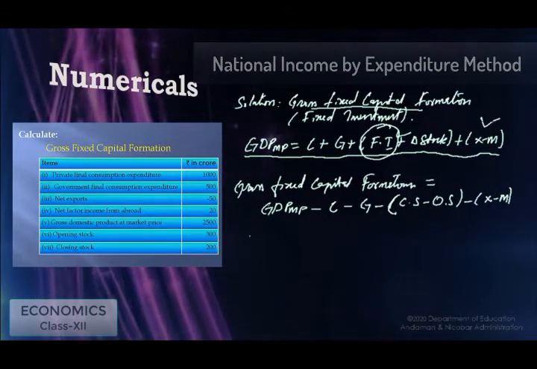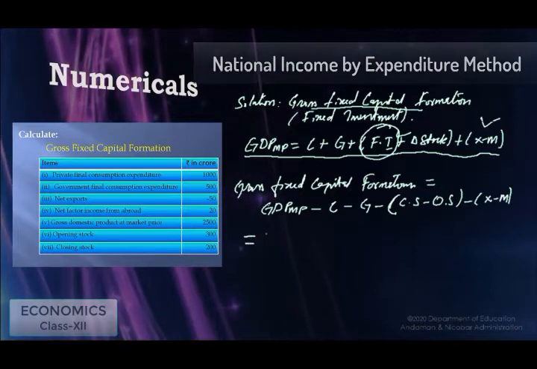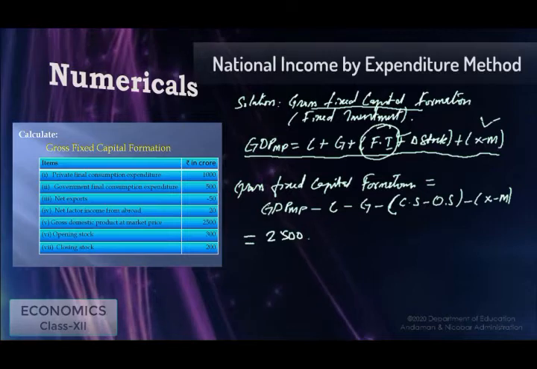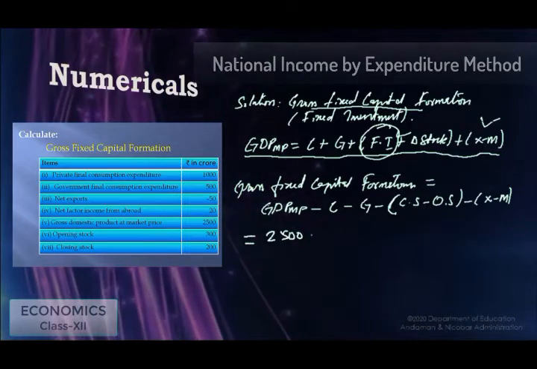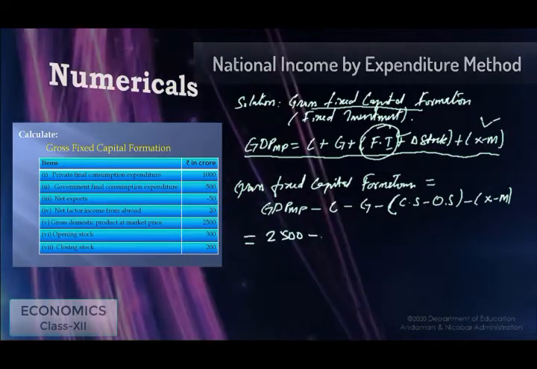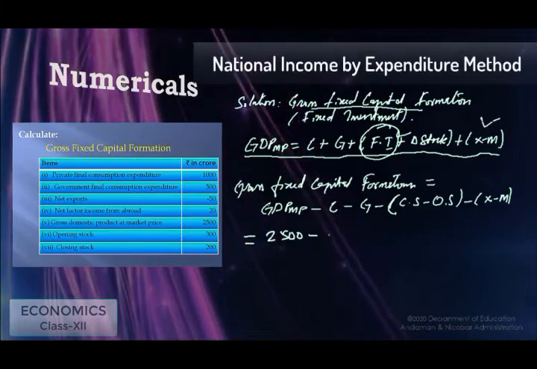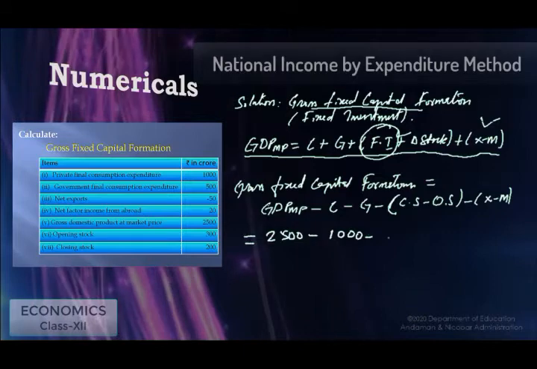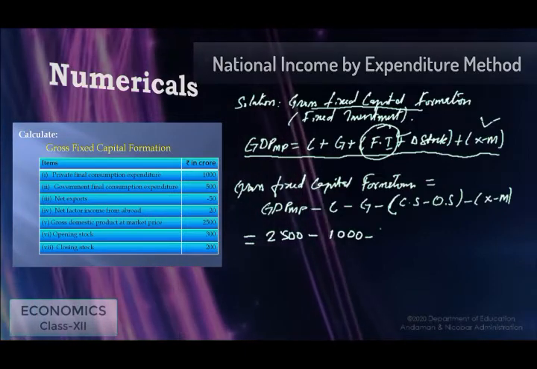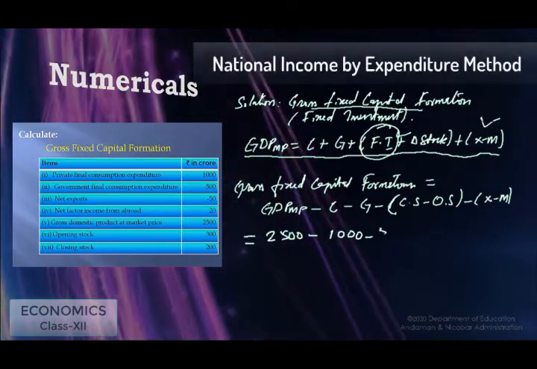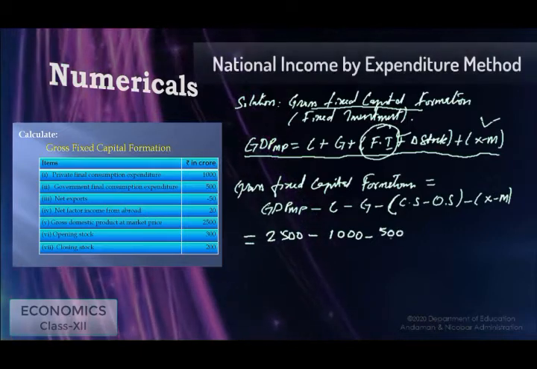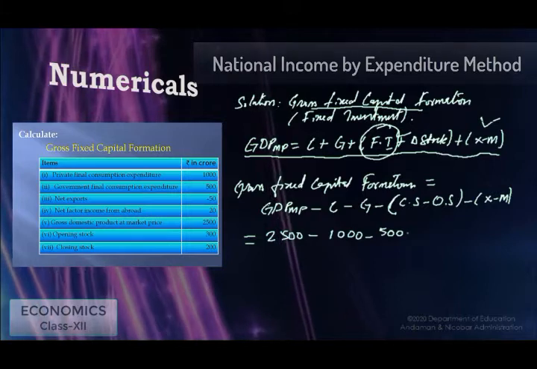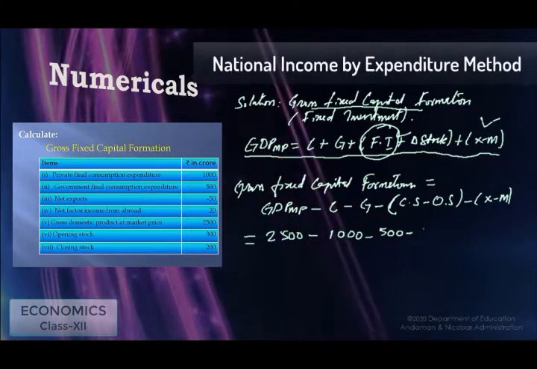The GDP at market price is given as 2500 crore. The rupees are given in crore. Then we subtract the private final consumption expenditure, given as 1000, minus G, the government final consumption expenditure, given as 500 crore, and along with this we subtract the change in stock.